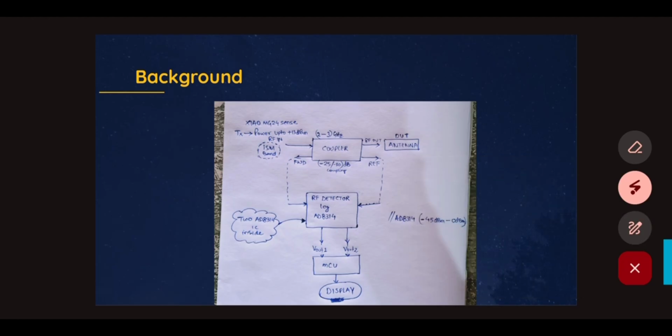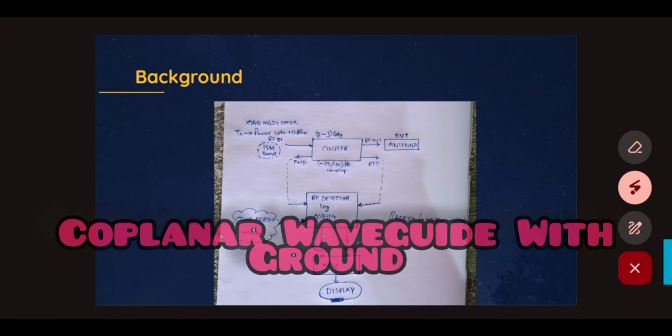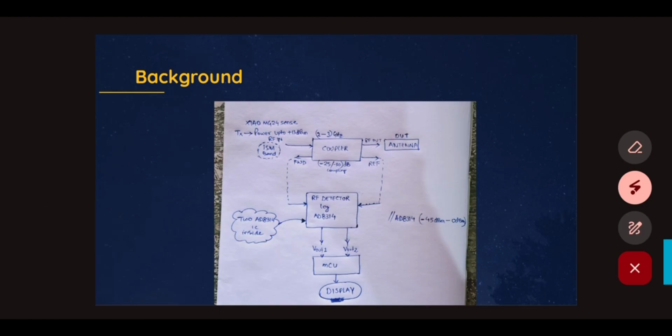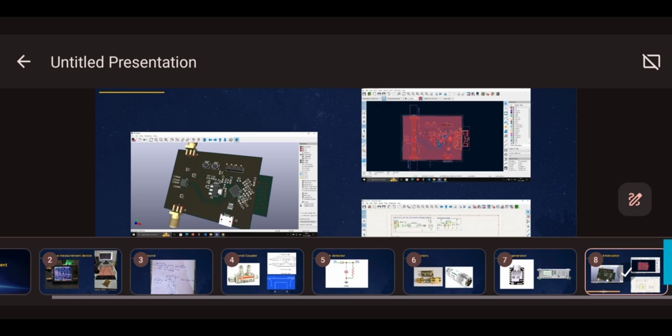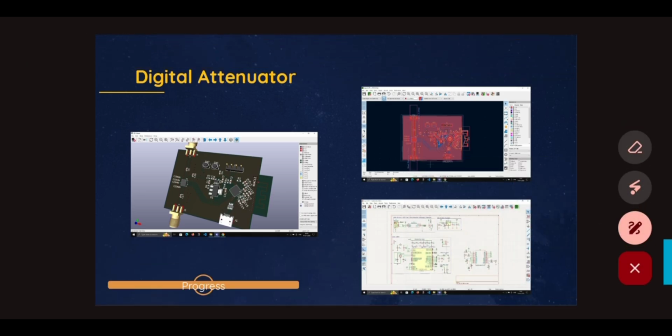There is something like coplanar waveguide, and in another video I will be explaining that as well. I have even designed a digital attenuator. This is the first of this project.